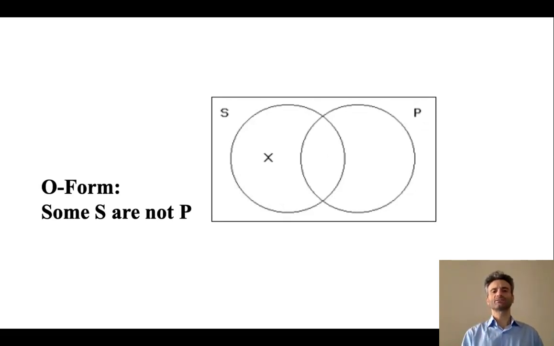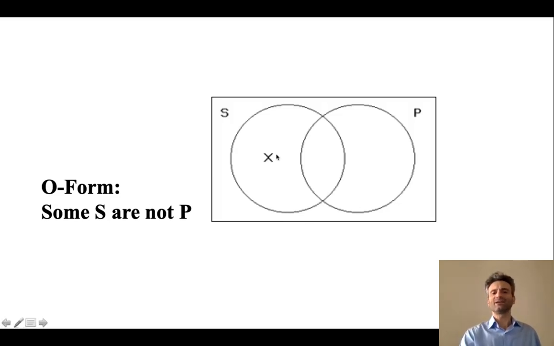The fourth and last logical form is the O form, which states that some blonde people are not beautiful things. In order to make that statement, I need an X to indicate that there are some blonde people inside the class of blonde people who are not beautiful things.